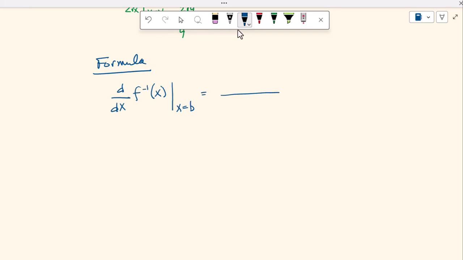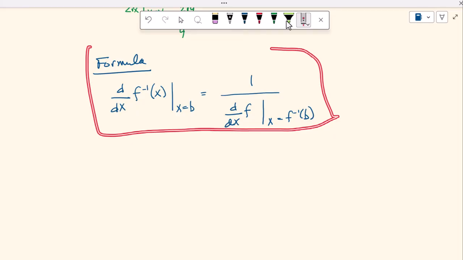So this is equal to the reciprocal: 1 over the derivative with respect to x of my function f, evaluated at x equal f inverse of b. Look at that. Okay, so we understand what it means, thank goodness.